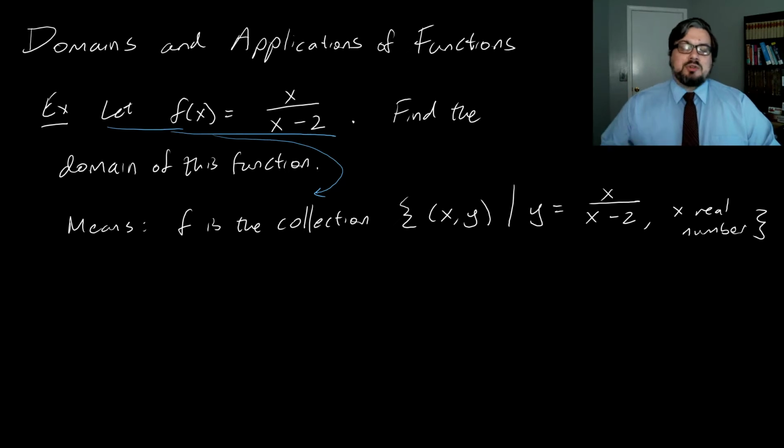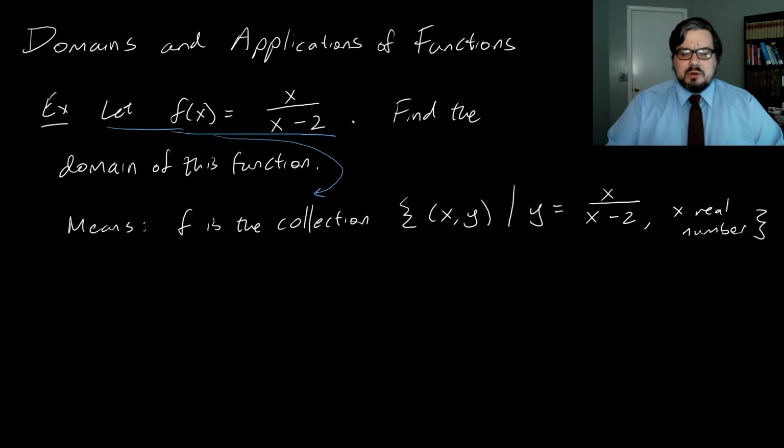So make sure if you're ever unclear about what sort of numbers a function takes as an input, that you clarify that somehow. As I said, for us, the default is going to be that our variables stand for real numbers.